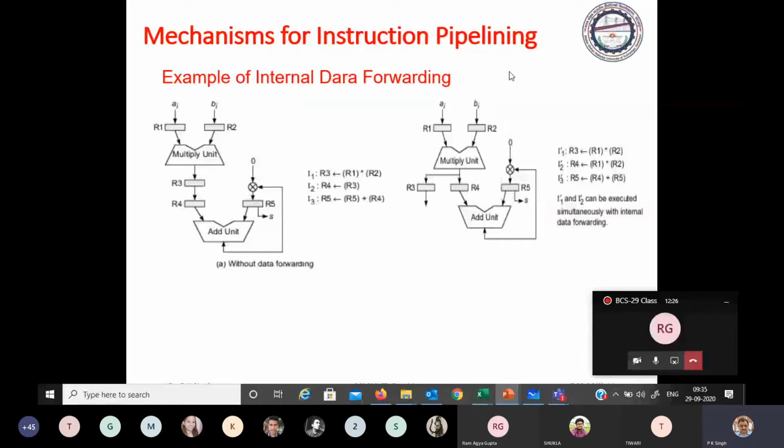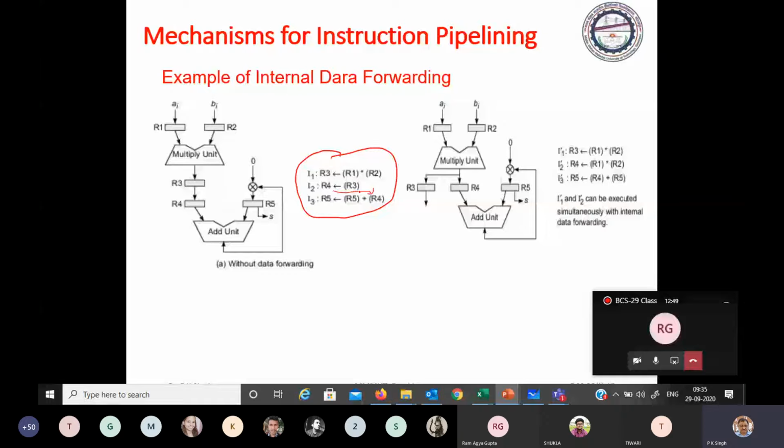See an example. See the code. R3 is R1 into R2. Then R3 is transferred to R4, and here R4 is being used.